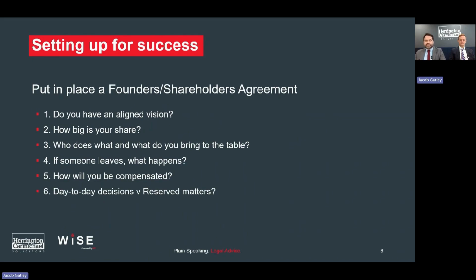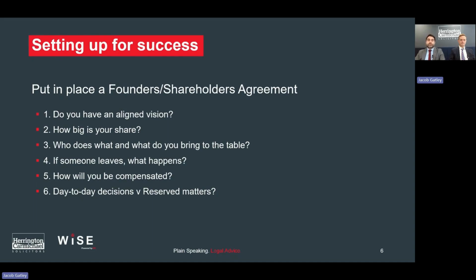6, day-to-day decisions versus reserve matters. The day-to-day decisions will likely be made by a designated CEO. However, where there's significant risk or direction of where the company is going to go, then you may want it mandated that a certain number of shareholders need to be involved with a certain decision, which is sometimes called a reserve matter.